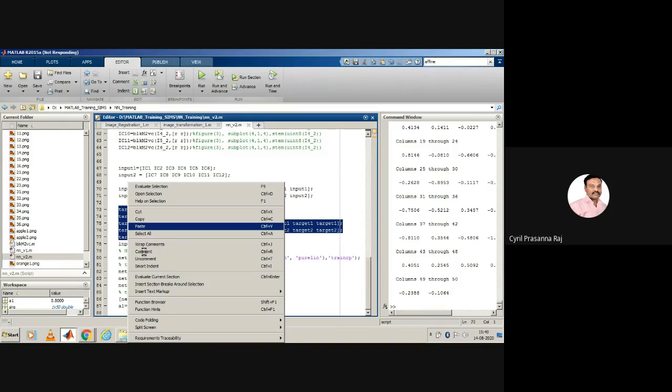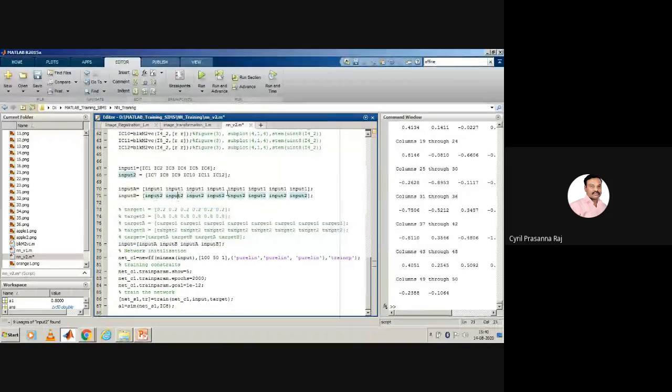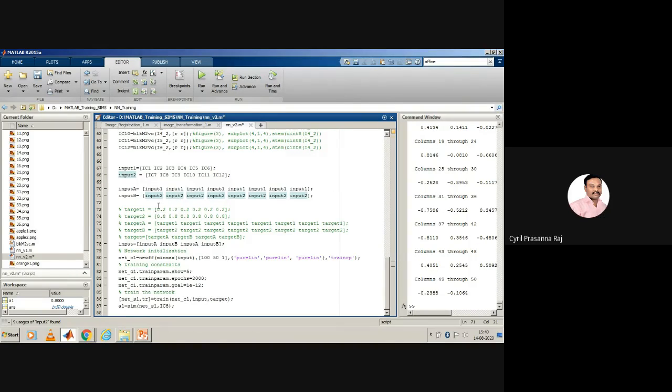I'm trying to illustrate what else this network can be used for. The inputs are known to us. We are taking two images, numeral 1 and numeral 3. Now the input is input A, input B, input A, input B. The target I will make as input.